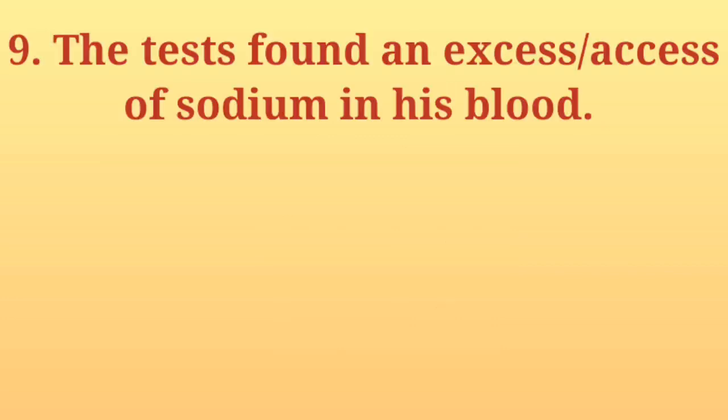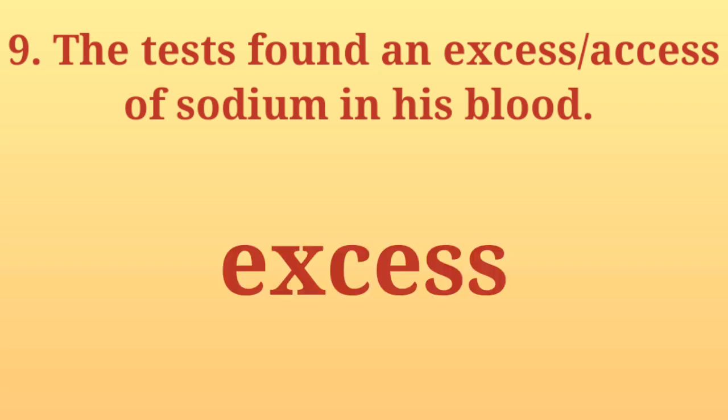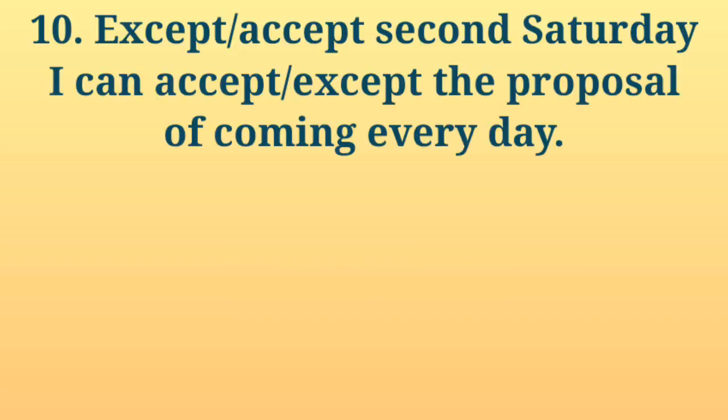Next sentence is, the test found an excess of sodium in his blood. Now which type of excess would come here? Excess or axis? Yes, excess, as it means more than what is needed. The test found more sodium in his blood. Our last sentence is, except second Saturday, I can accept the proposal of coming every day.